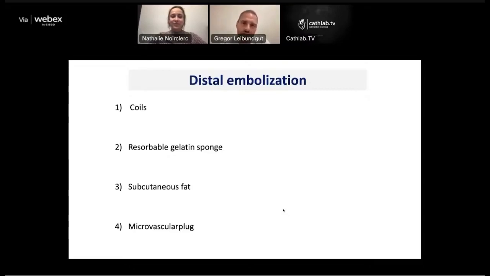It could be tricky, especially when you're in stress, to get that fat tissue into the guide and to get it advanced, because fat sticks to everything and floats on the water. So this has to be trained dry, or on a bench, before you actually use it in an emergency. Resorbable gelatin sponge is a solution.